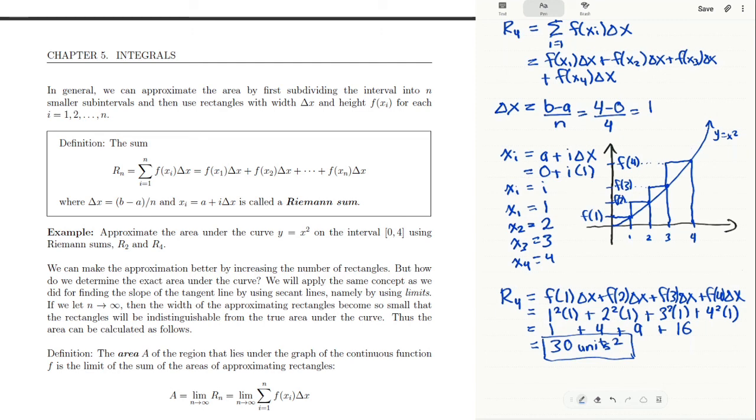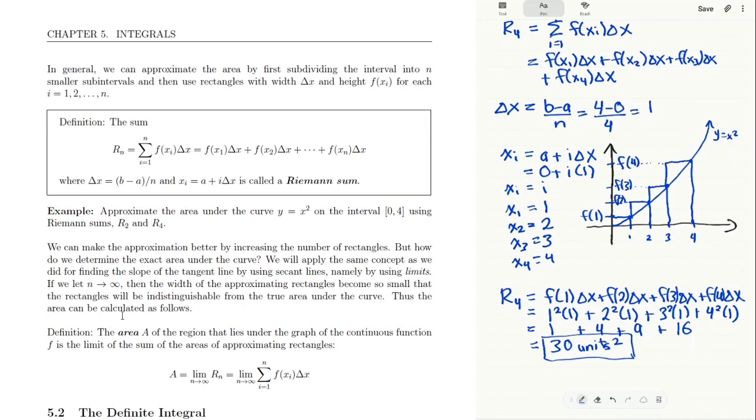And to find the exact area underneath the curve, we can let the number of rectangles go to infinity. In other words, we want to let the limit of n going to infinity, and that will give us the exact area underneath the curve.